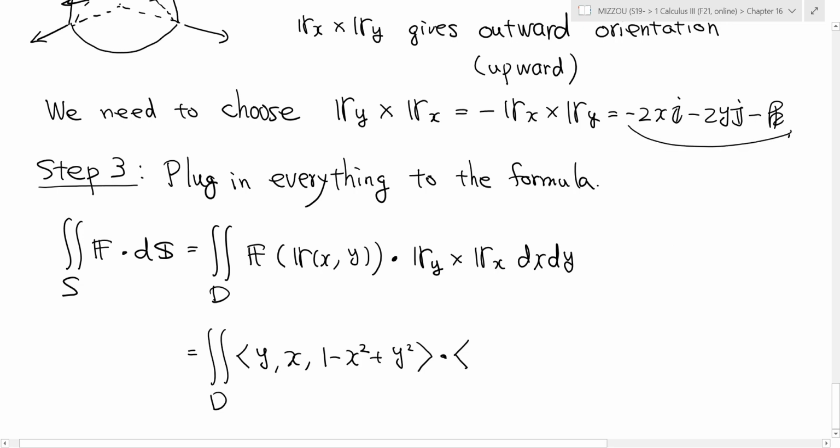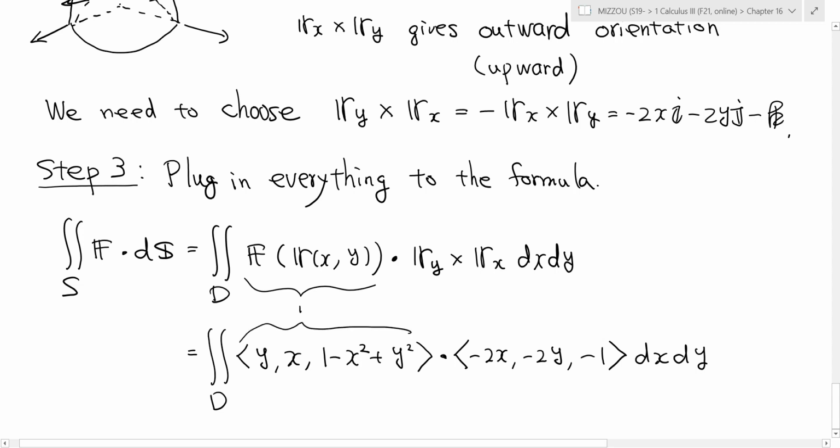By using bracket notation, this is negative 2x. I'm switching the notation between the bracket notation and the ijk notation. I believe you guys are already used to those two notations by now. So this guy is here, and this guy here is this second vector here.